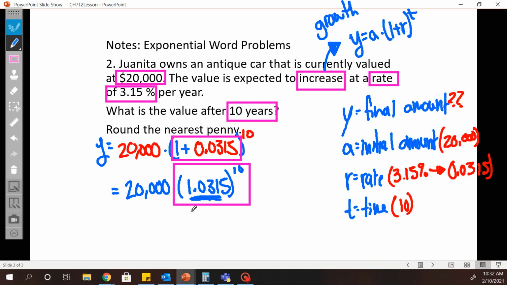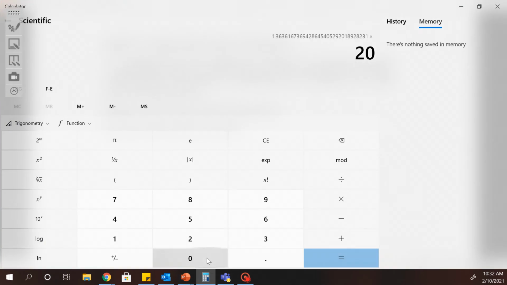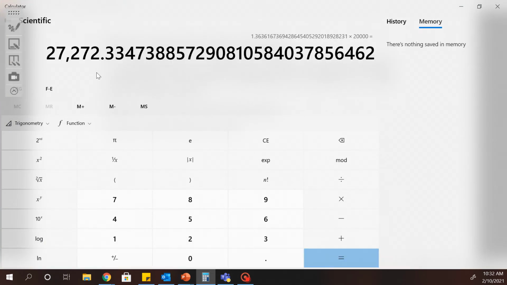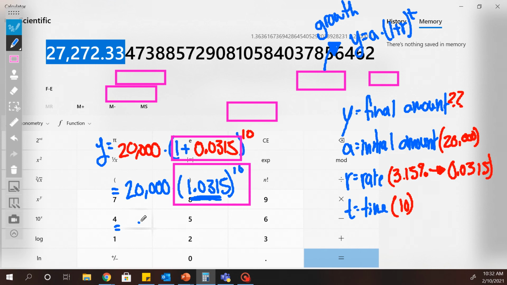Now I don't want to round that, so I'll just go to the next step and I will multiply that by 20,000. All right, and this is what I end up with. Rounding it to the nearest penny would be 33 cents. So this ends up being $27,272.33.